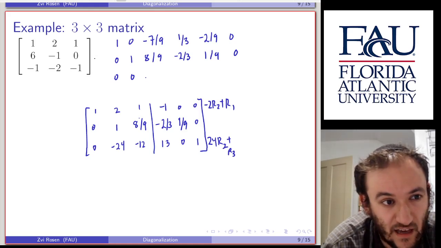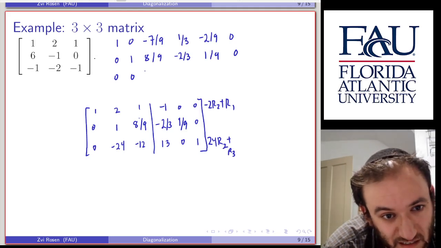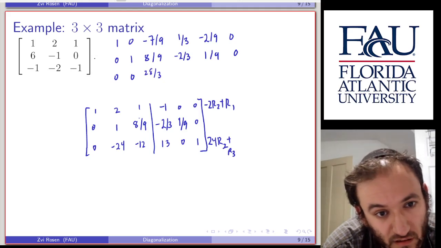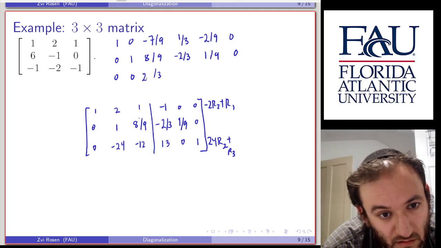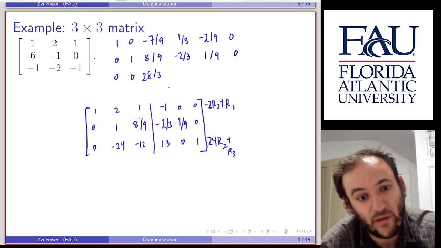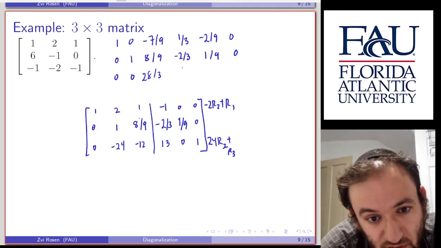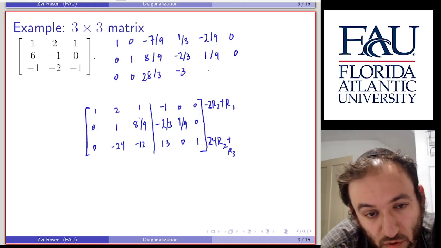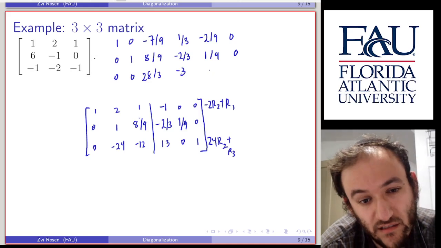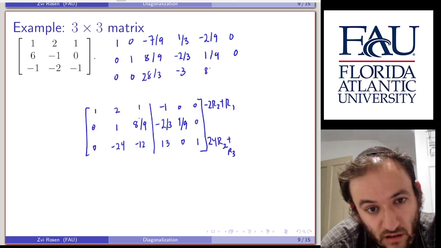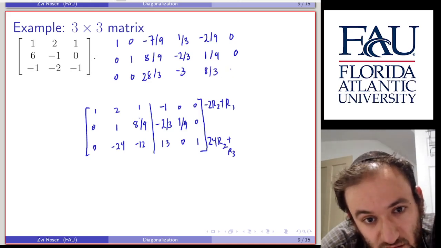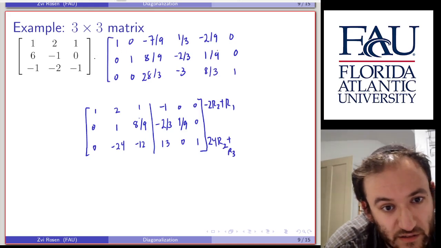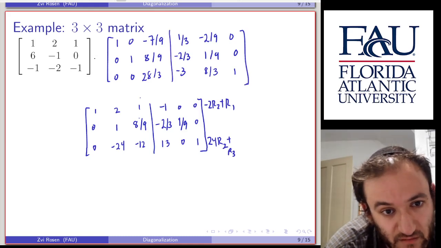So that's 64 minus 36, or 28 over 3. 24 times minus 2/3 is minus 16, plus 13 is minus 3. 24 over 9 is 8 over 3. And this column remains 1. Okay, so that is that.